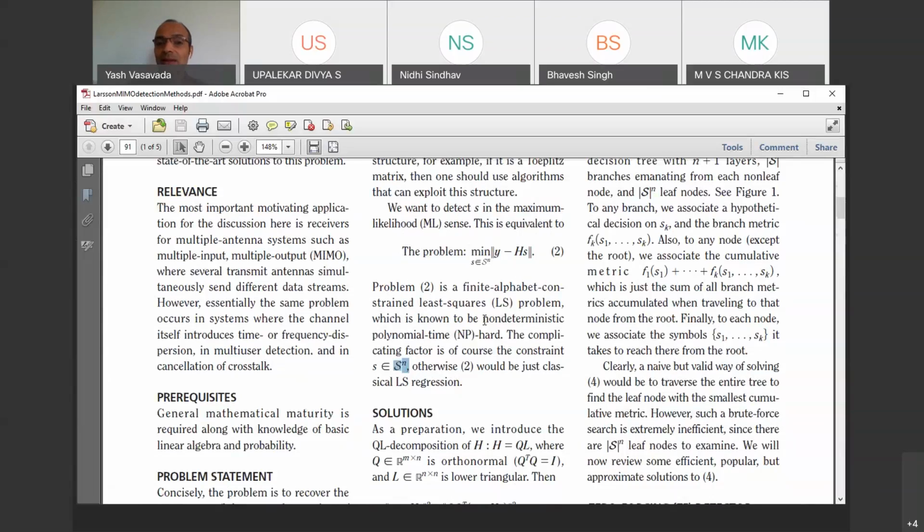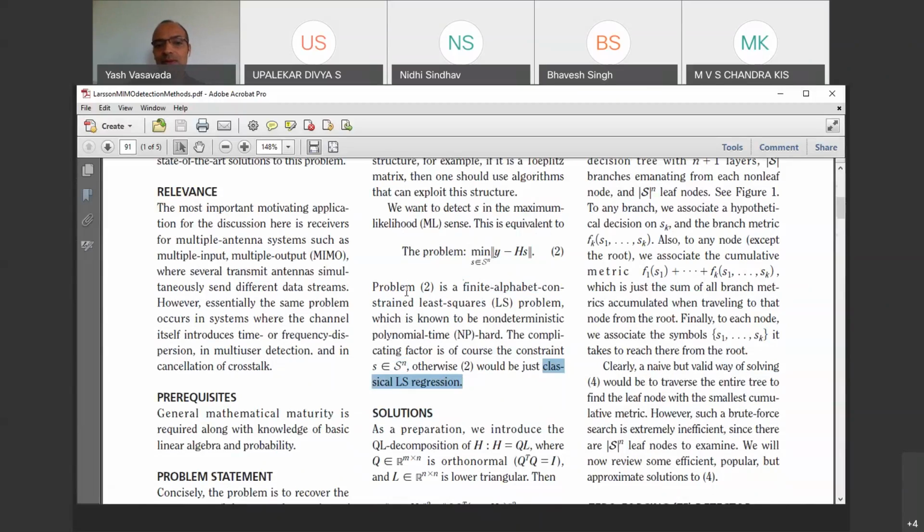It is not computationally feasible. If this finite alphabet constraint was not present, then that would just be classical least squares regression, which is what we have already seen, the decorrelating detector.